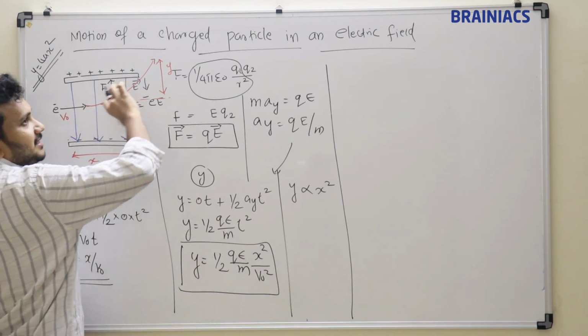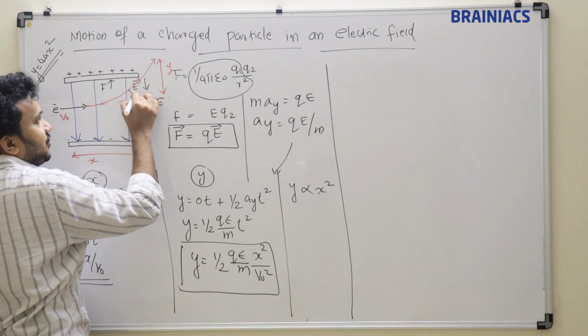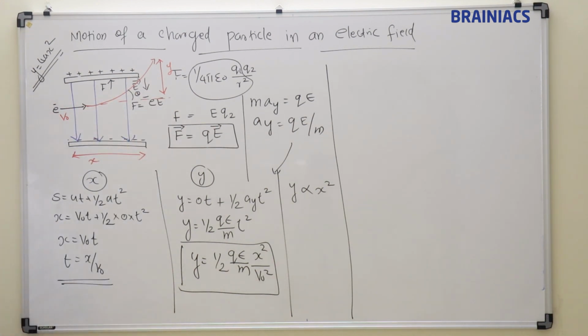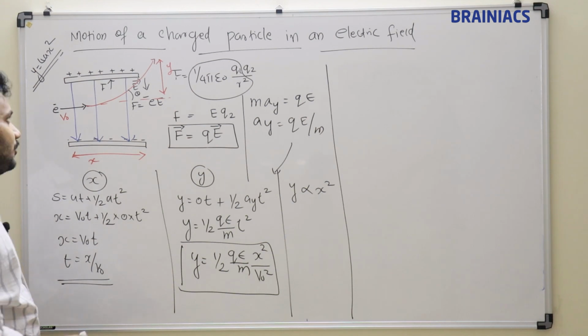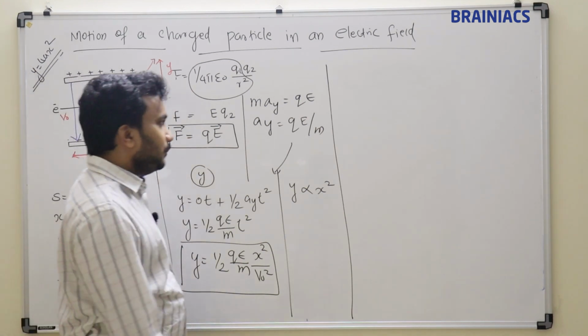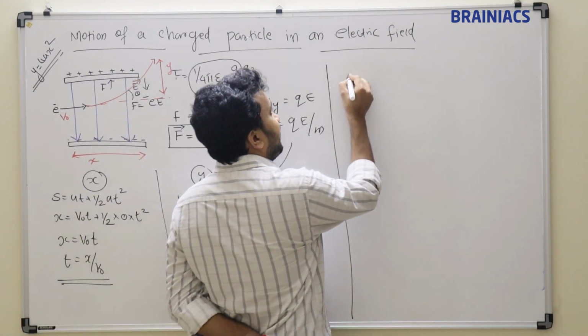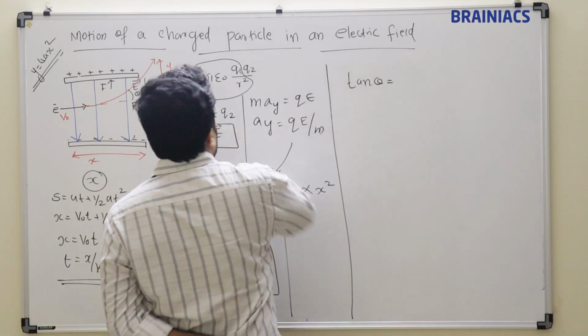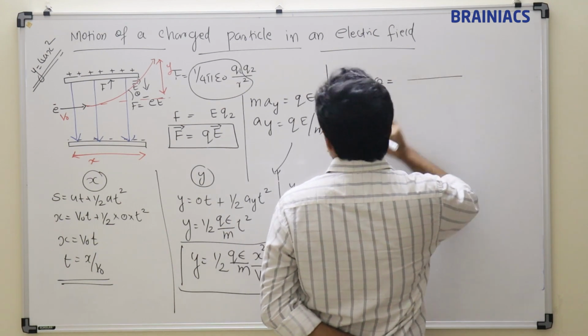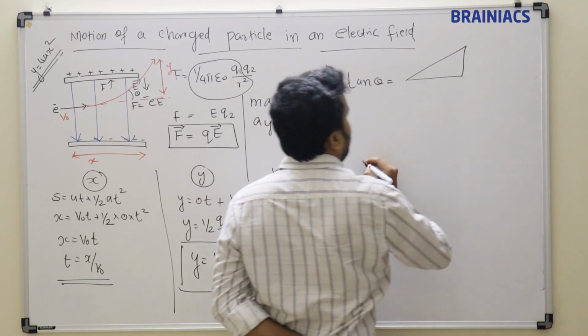Now we know this is deflecting like this and this deflection angle is given as theta. How can we calculate theta? I am taking tan theta. Let me draw this triangle alone. A triangle will be something similar to this one approximately.